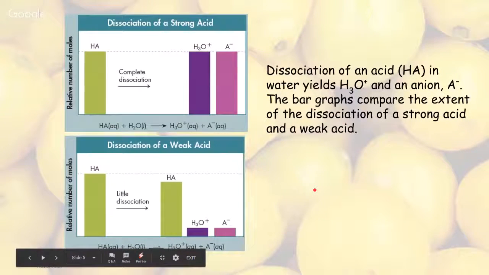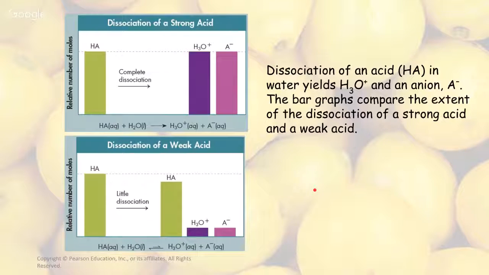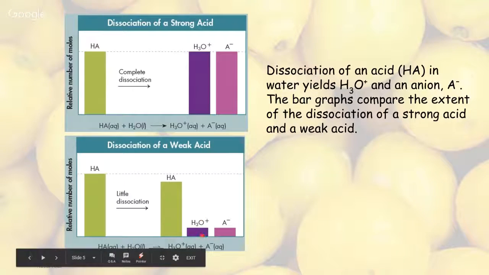All right, let's take a look at this table. It just gives us a different picture of the dissociation of a strong acid and a weak acid. HA represents an acid, and a strong acid completely dissociates into hydronium and the negative ion. HA stands for hydrogen and the anion. And then in the dissociation of a weak acid at equilibrium, we have this mixture of the undissociated acid and the hydronium and the anion.